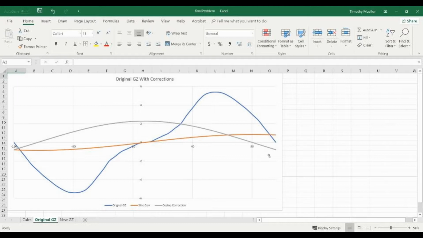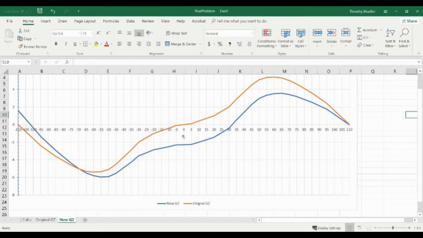And then we have to do a cosine correction on top of that, so it's going to change even more. If there's no serious change, we're going to expect an angle of list right around, that's probably about 31 degrees, right in that area. Now let's see how the two curves stack on top of each other.